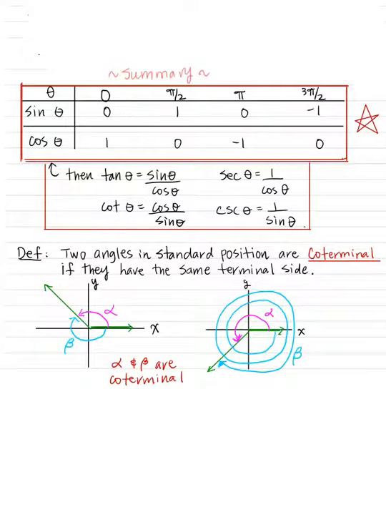Remember, you can revolve the positive angle counterclockwise, and the negative angle clockwise. In this case, alpha is positive, beta is negative, but regardless of which picture you're looking at, they end at the same exact terminal side. So we say that in this case, alpha and beta are coterminal.